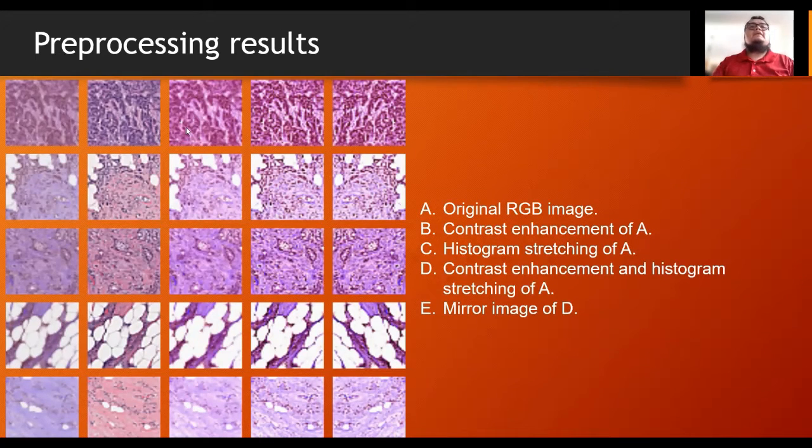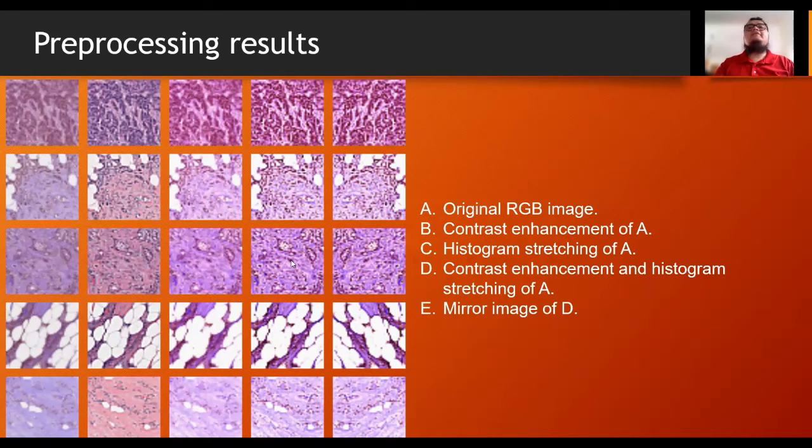Here in this slide, we present the preprocessing results. In column A, we present the original RGB image. In column B, we present a version with enhanced contrast of the RGB image. In column C, we present histogram stretching of column A, the original RGB image.